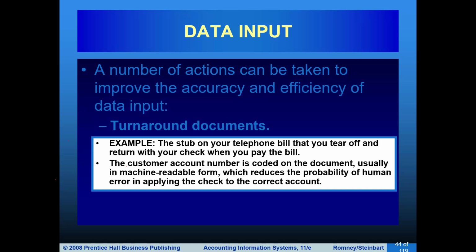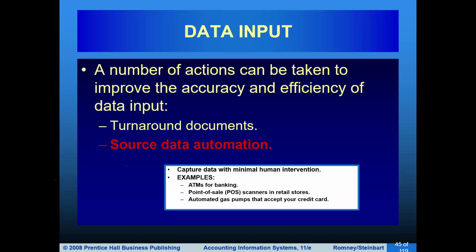Your account number, amounts, goods and all, without any human error. You can apply it and check the correct account, a good input method, right? Rather than reading voucher by voucher and entering, where human error always arises, with a turnaround document, a machine readable kind of document, I think you can reduce the error.